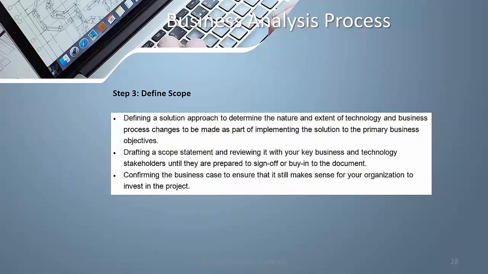Drafting a scope statement is about how much extent the solution approach is meeting the requirement, the final requirement.